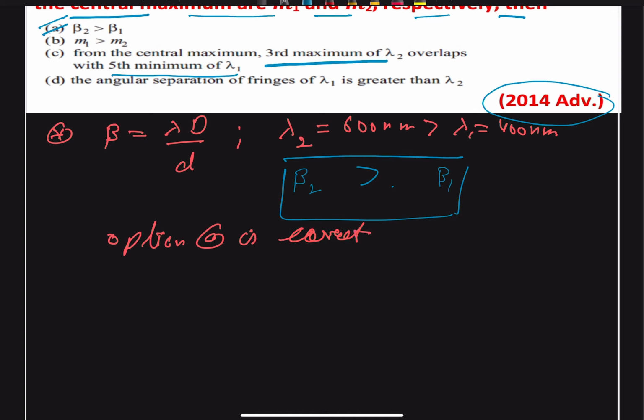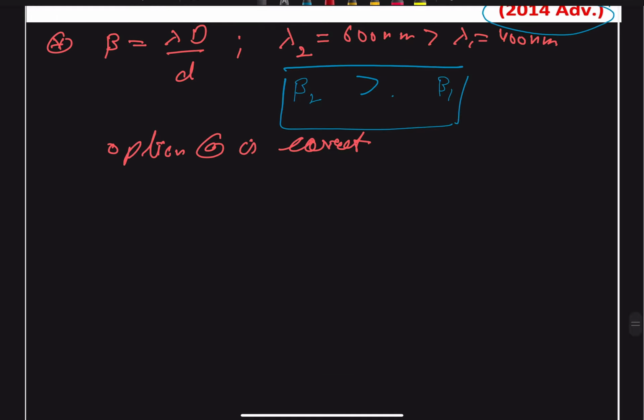Next, we have to find out the number of fringes in a fixed distance, that is y. For that, we know that m is equal to y upon beta, and we just found out that beta 2 is greater than beta 1.